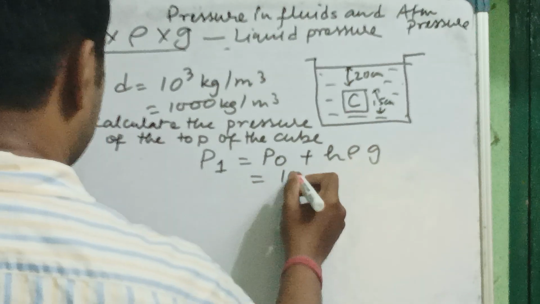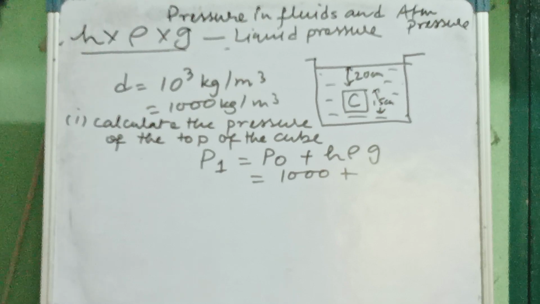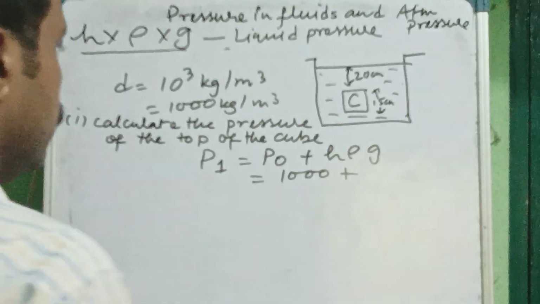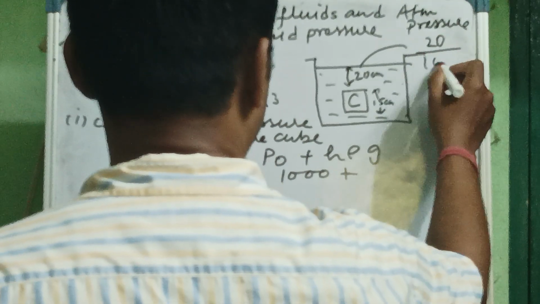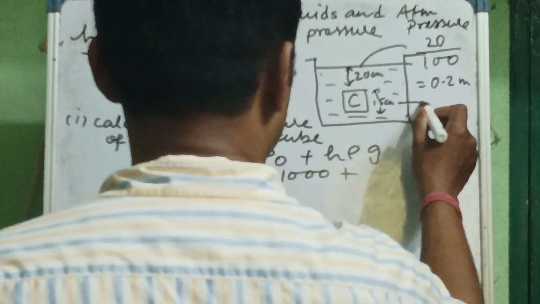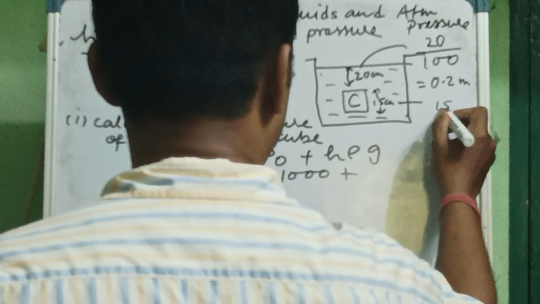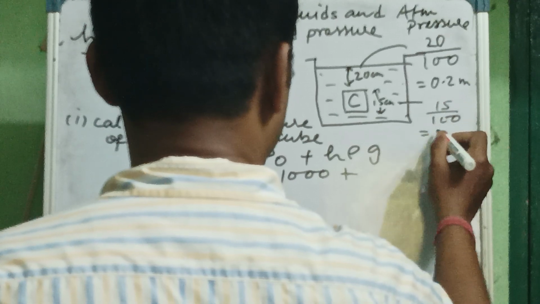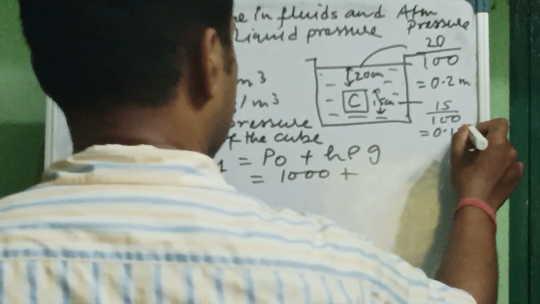Density is 1000 kg per meter cube, and H is 20 centimeter, but 20 centimeter is a CGS unit, so 20 centimeter changes into 20 divided by 100, and that is 0.2 meter. 15 centimeter also changes, that is 15 divided by 100, 0.15 meter.